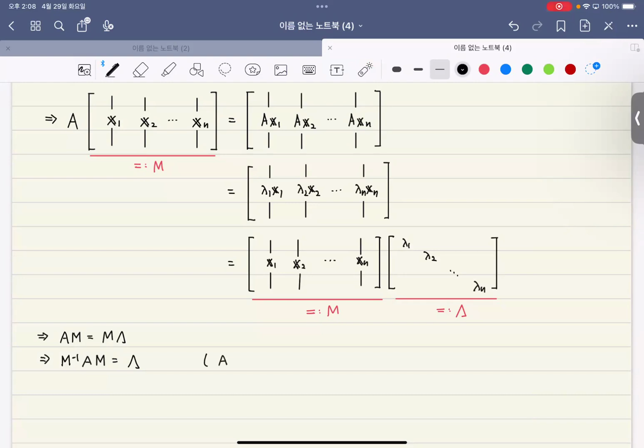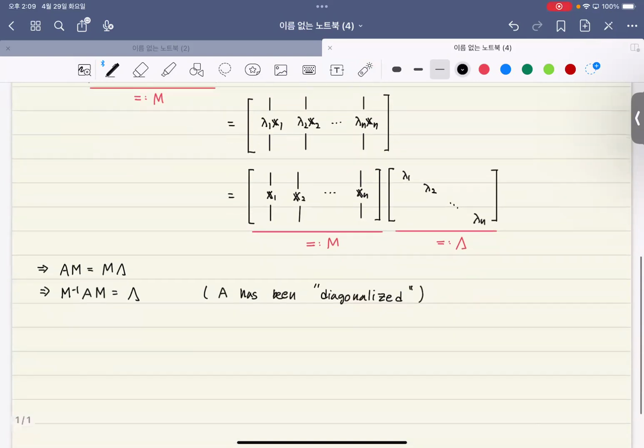So this is the diagonalization of the matrix.